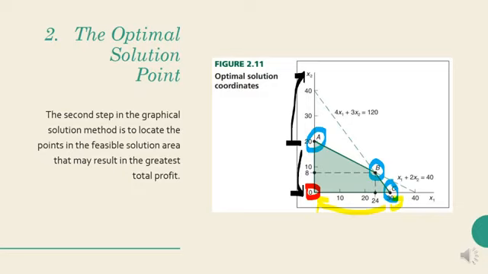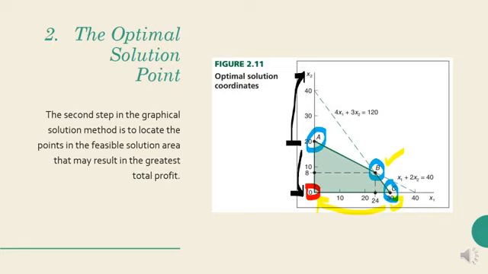Graphically, dahil accurate naman itong graph natin, nadidetermine natin yung mga coordinates dito sa points natin A, B, and C. Now, the question is, ano yung B? Hindi natin alam kung ano ang B eh.